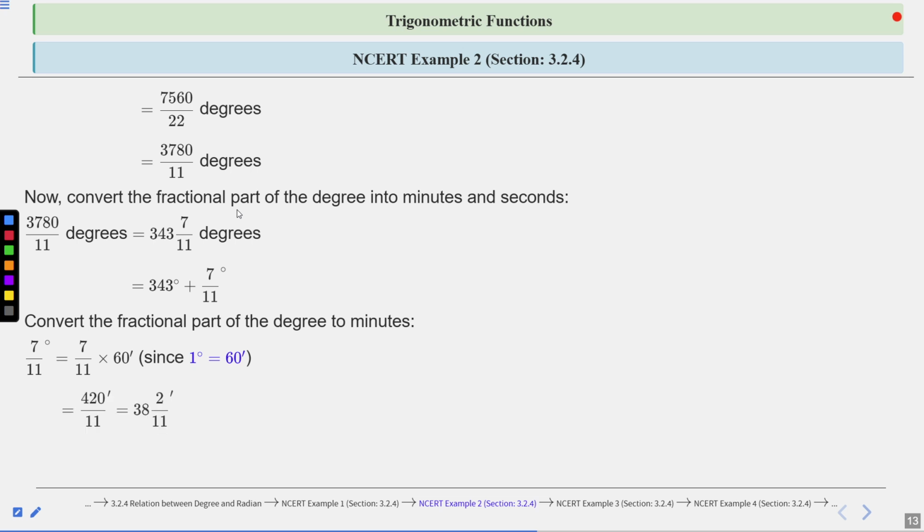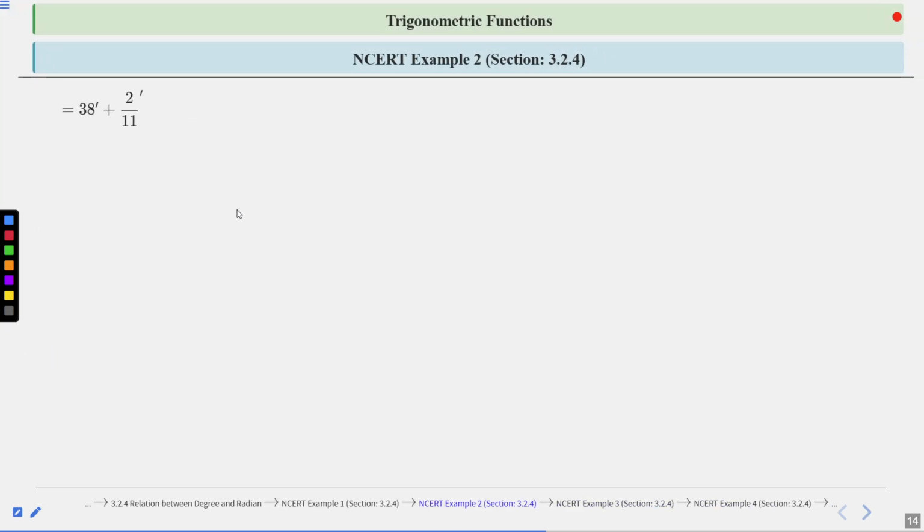This will give you that 7 by 11 degree is the same as 38 whole 2 by 11 minutes. Moving to the next slide, which is further equal to 38 minute plus 2 by 11 minute.